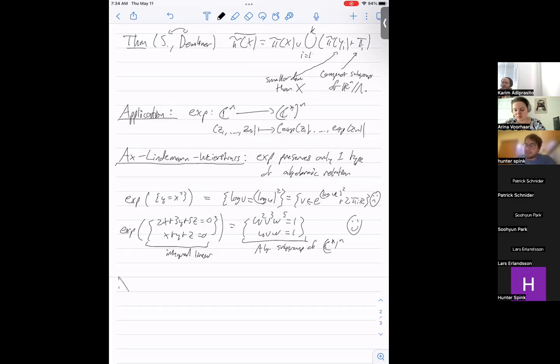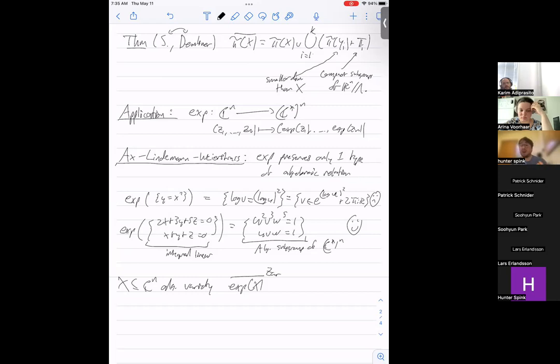And in general, the sophisticated way of phrasing this is that understanding what algebraic relations exp preserves is basically equivalent to asking what is the smallest algebraic set that contains exp of X. So if it grows a lot, it destroyed a bunch of relations.